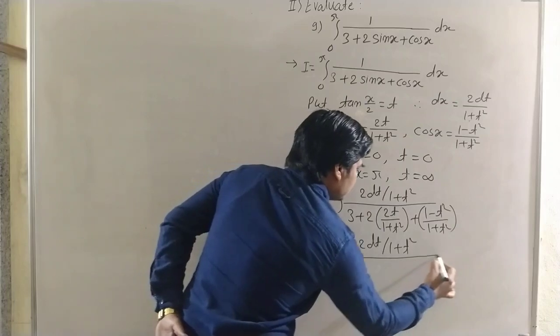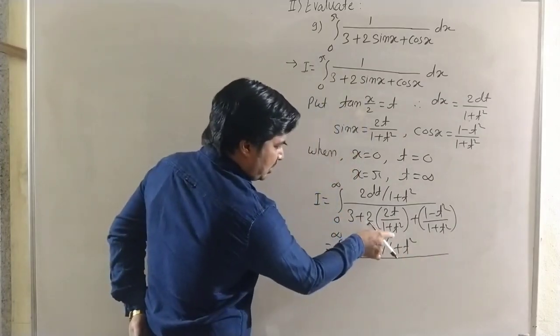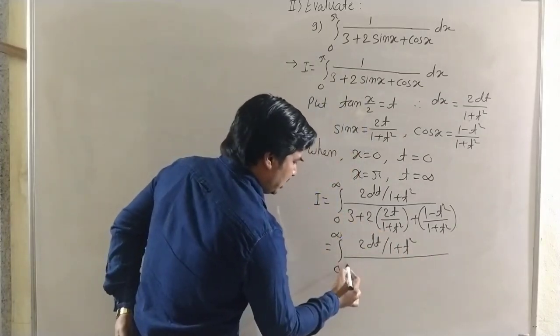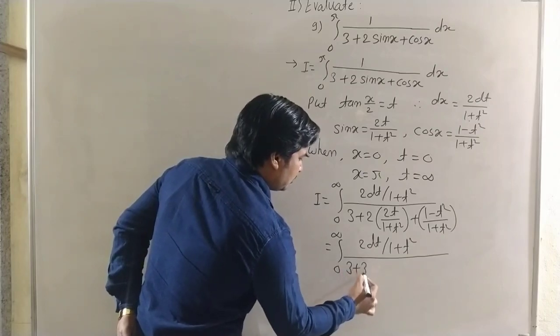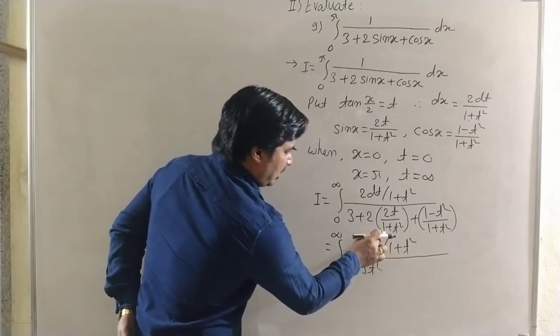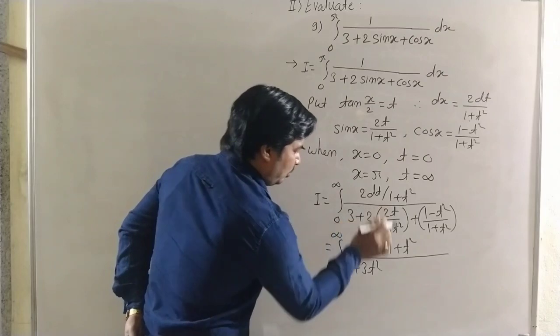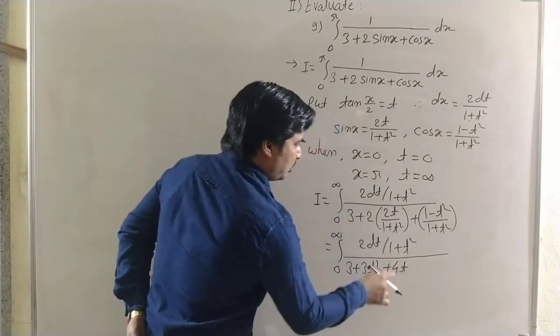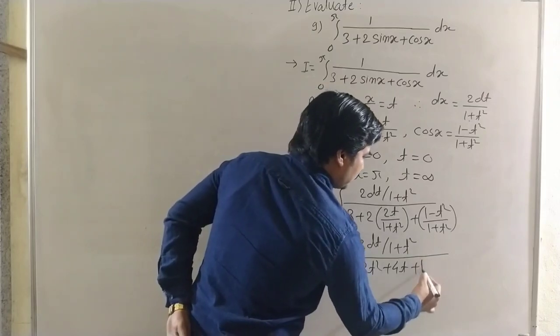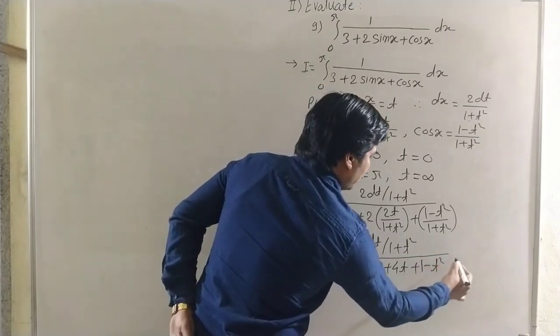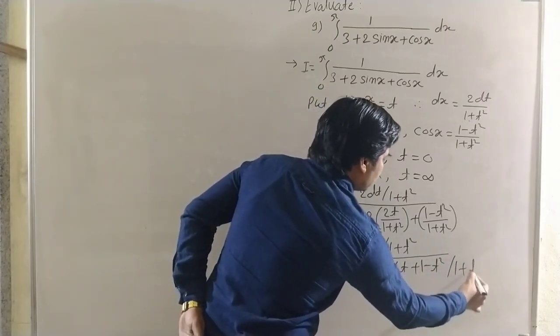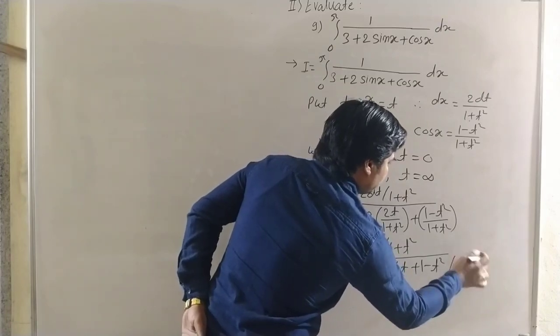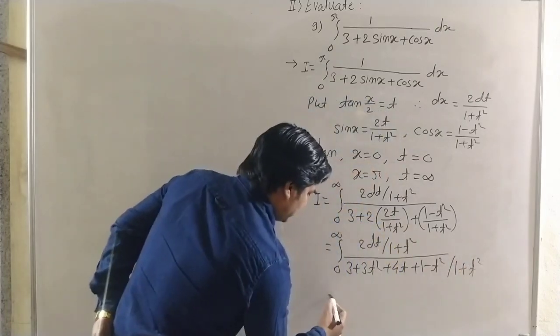Integral 0 to infinity, 2 dt upon 1 plus t square, whole upon: here 1 plus t square multiplied by this, therefore it is 3 plus 3t square, multiply 1 plus t square into 3; 2 into 2t, that is 4t; and plus 1 minus t square, whole upon 1 plus t square. 1 plus t square, 1 plus t square get cancelled.